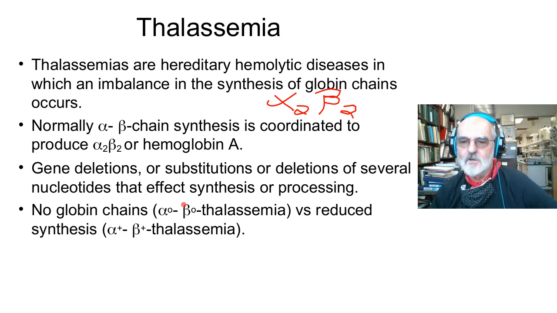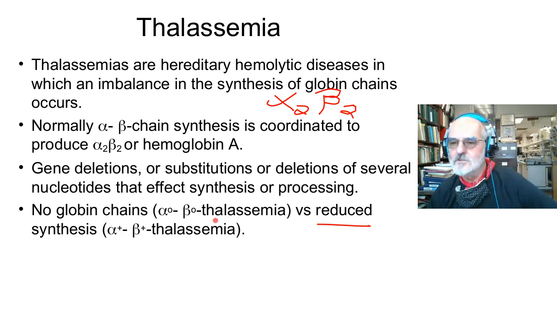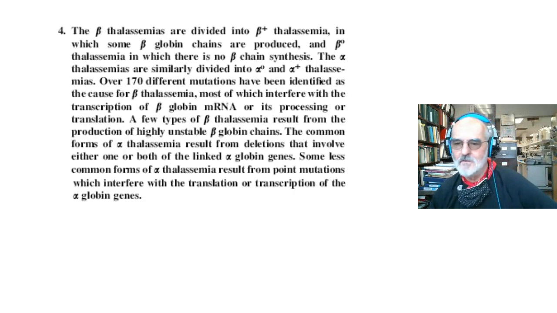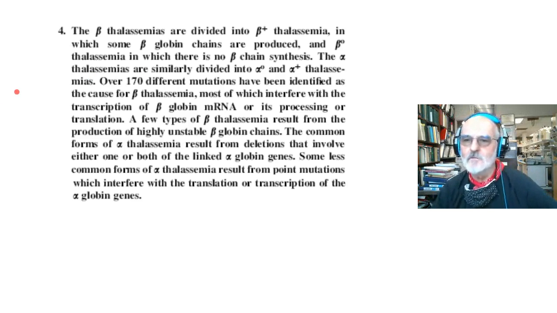So you can have alpha 0 thalassemia or beta 0 thalassemia, okay? Or if there's partial reduction, then it's called alpha plus or beta plus thalassemia, reduced synthesis, due either to gene knockout or reduced processing, okay? So that's the nomenclature you should be familiar with.